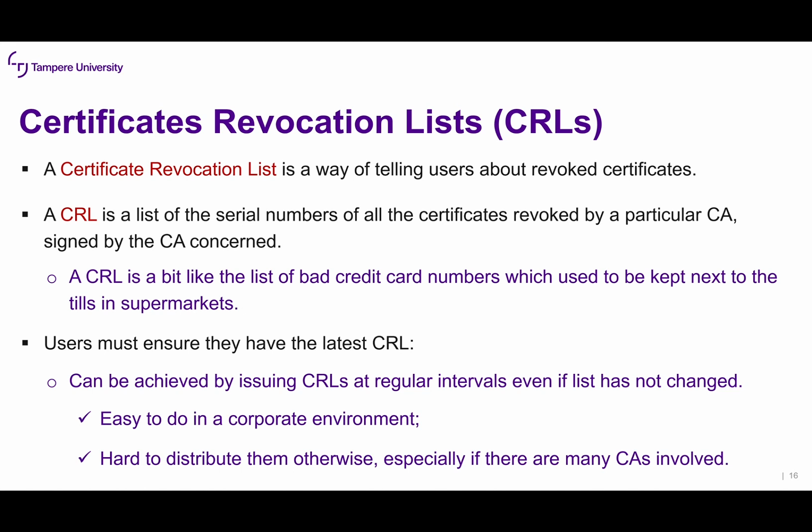So as a conclusion, keep in mind that you always need to have CRLs, and you need to distribute CRLs at regular intervals, even if there is no change to any of the lists.